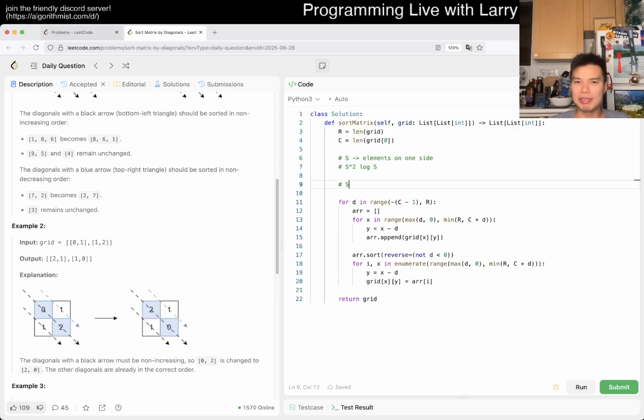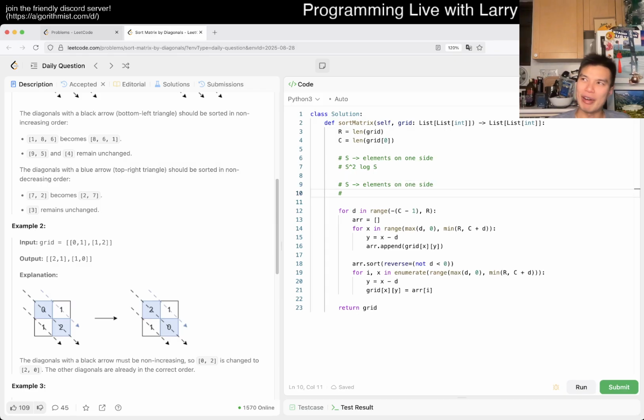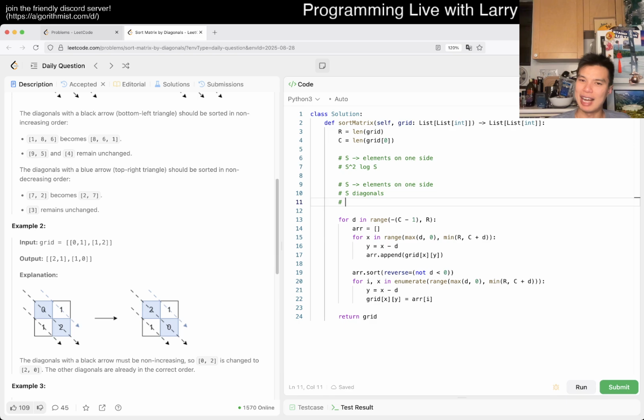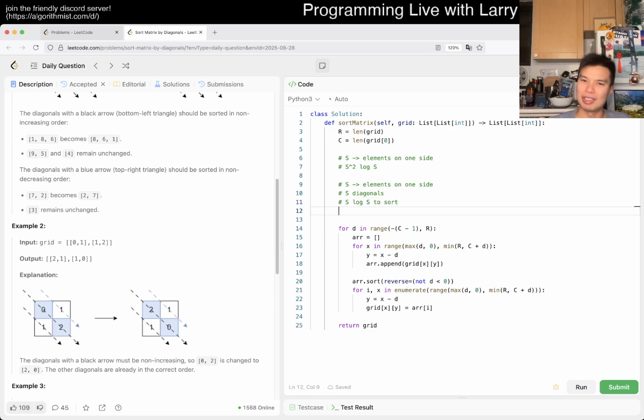But the way that we did it, are we faster? I don't think so. Because there are S diagonals, and each one takes S log S to sort, so it's also going to be that. We sort every diagonal once, so there's no way for that to be different.